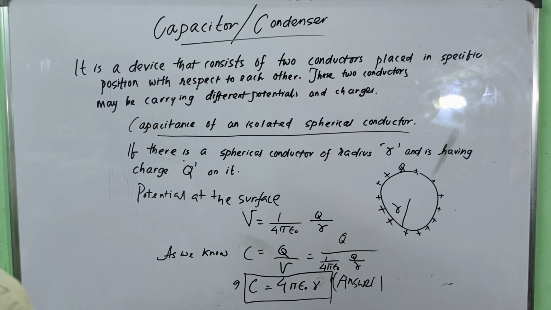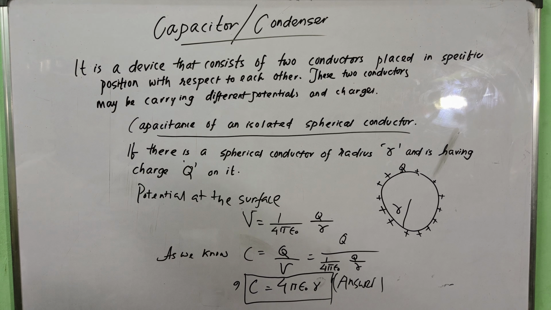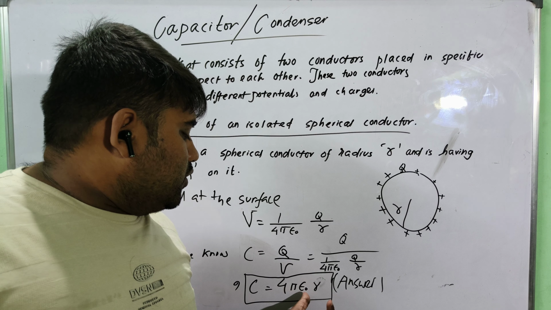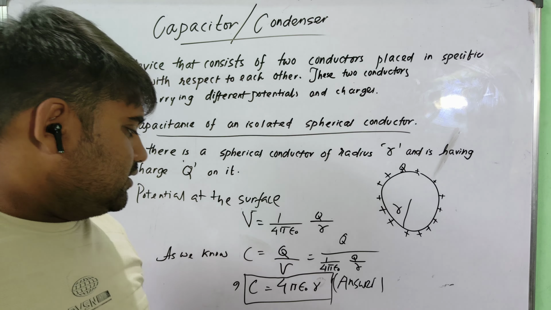So the capacitance of the isolated system is 4 pi epsilon naught r, and you know 1 by 4 pi epsilon naught is equal to 9 into 10 raised to the power 9.